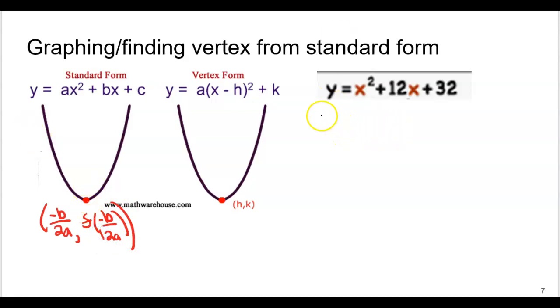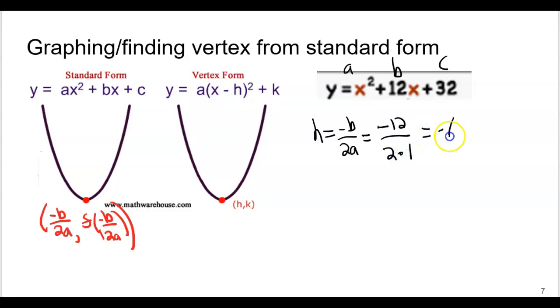So I know that I need my a, b, c. If we're going to find a vertex, I know that h equals negative b over 2a, negative 12 over 2 times 1. h is negative 6.